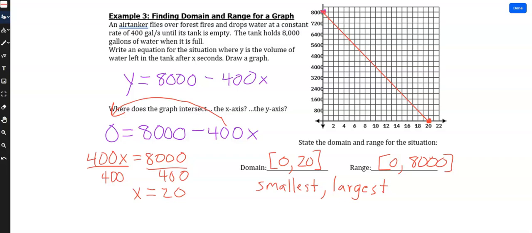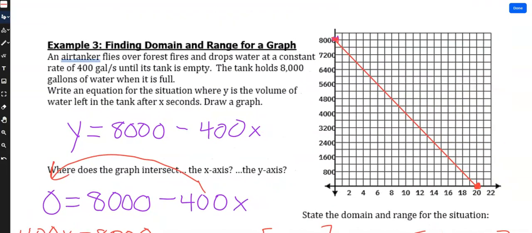Okay. Story problem time. An air tanker flies over forest fires and drops water at a constant rate of 400 gallons per second until its tank is empty. The tank holds 8,000 gallons of water when it's full. So we know right away from that information that 8,000 is where we're starting.